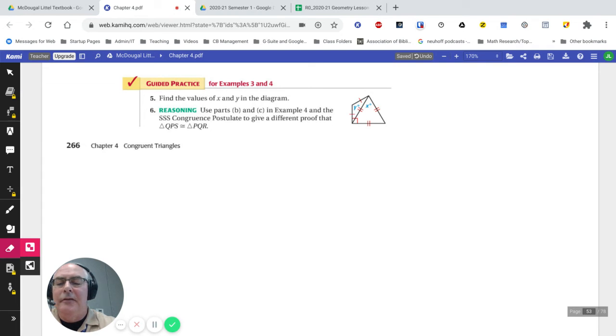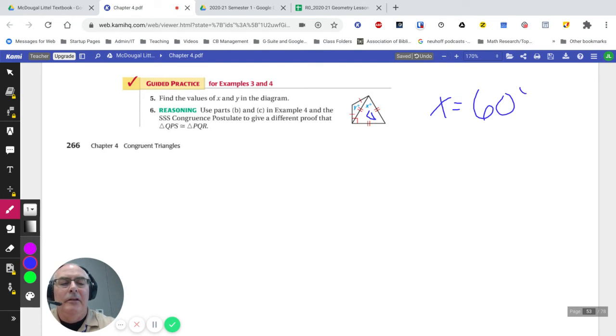because this first triangle is equilateral, I know x is going to equal 60 degrees. All three of the angles are going to be equal, and they're going to equal 60 degrees. Well, I know if x is 60 degrees, and this part of the angle here is 60 degrees, if the entire thing is 90 degrees, I know that side is going to be 30.